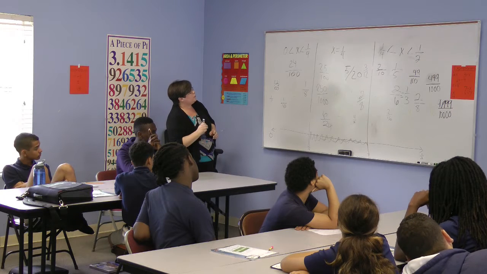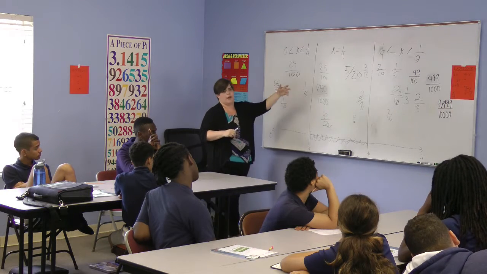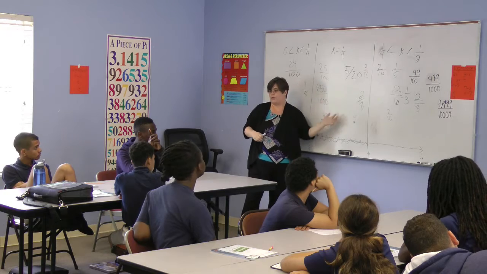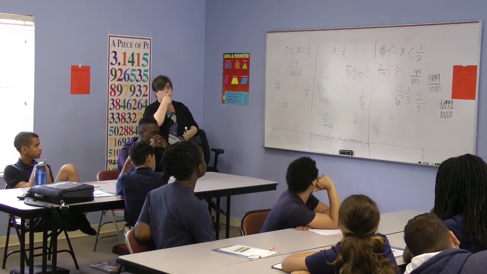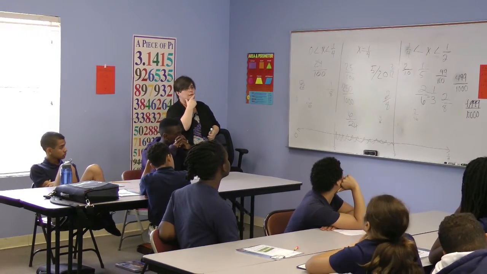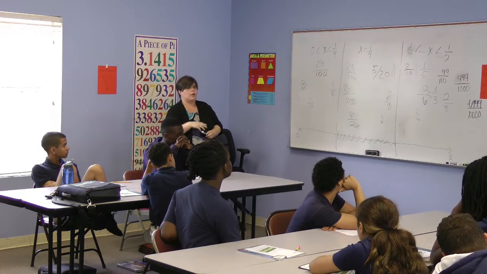So what helped you determine what was in this category? Who can tell me the pattern that you see here, or how you can determine what other numbers fall in this category? Brittany? They're all equal. What do you mean by they're all equal to 1/4?